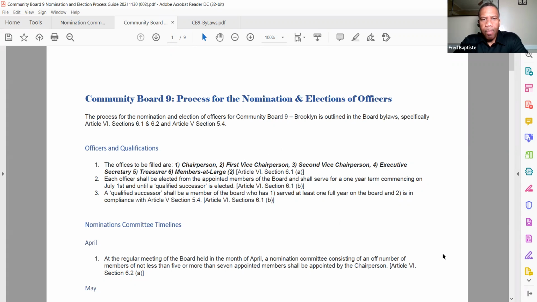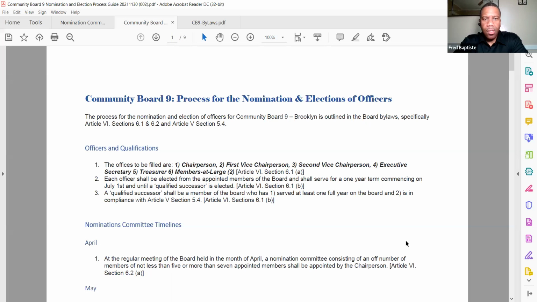Article 5 has a section with regards to qualifications. The qualification being that you have to be a member of the board for a particular amount of time. And then a particular interest this evening is going to be Section 6.3, which actually talks about filling the vacancies.